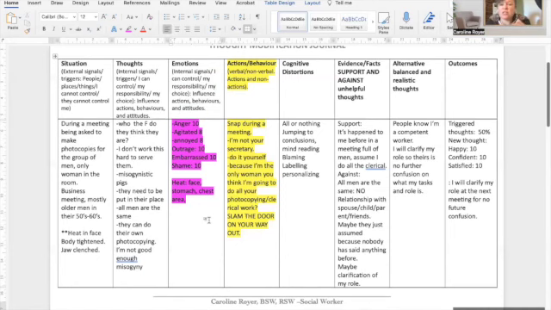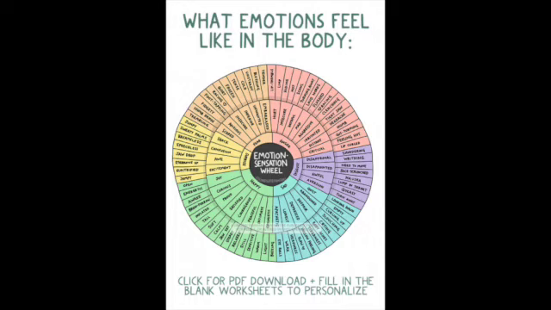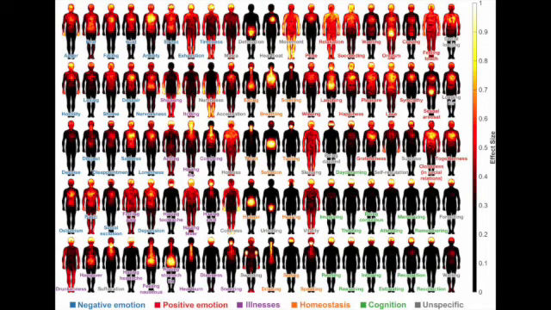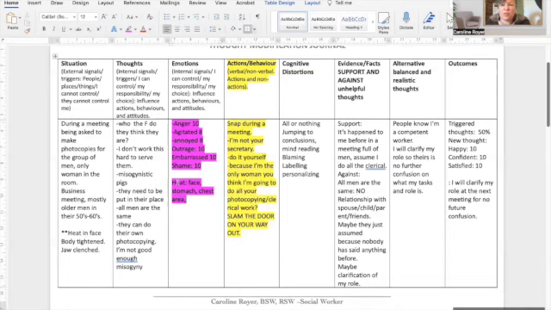Agitated, an 8, being annoyed, 8 as well, embarrassed, the after effects, 10, shame, 10 as well. And again, you're going to note the sensations that you're feeling within your body. Again, we're making that connection between our thoughts and our emotions and our body as well, because they're all interconnected. So heat in the face, in the stomach, in the chest area.